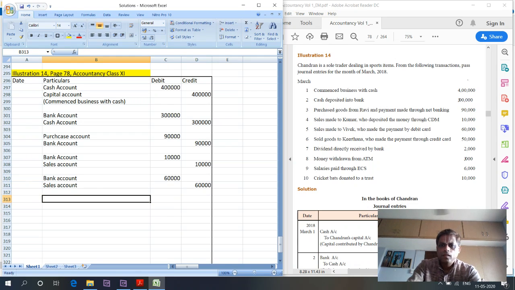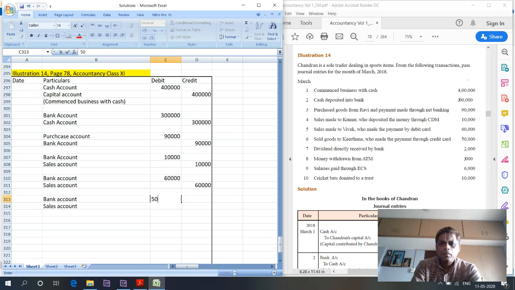Then on 6th March, sold goods to Kirtana, who made the payment through credit card. Either way, money is coming directly to the bank account. So again, it's bank account debit and sales account credit. Bank account debit is for 50,000 and sales credit is for 50,000.